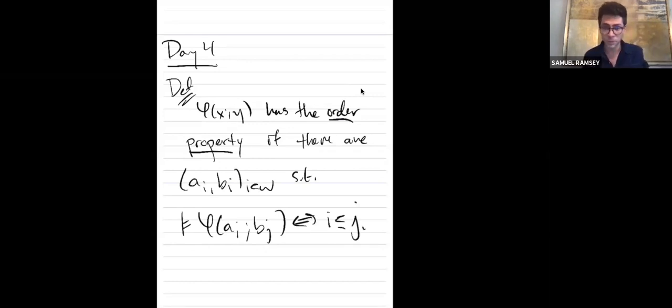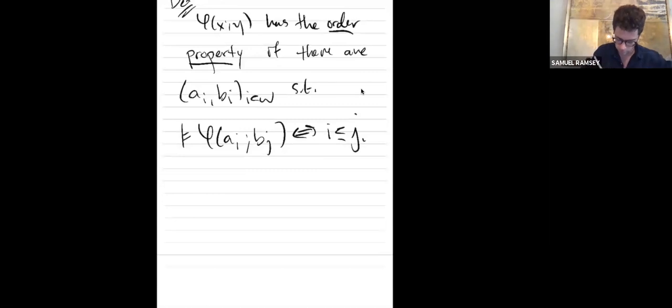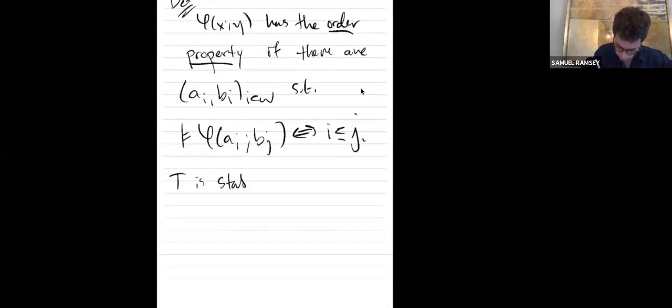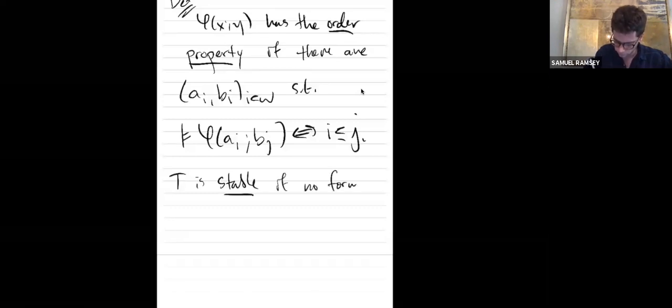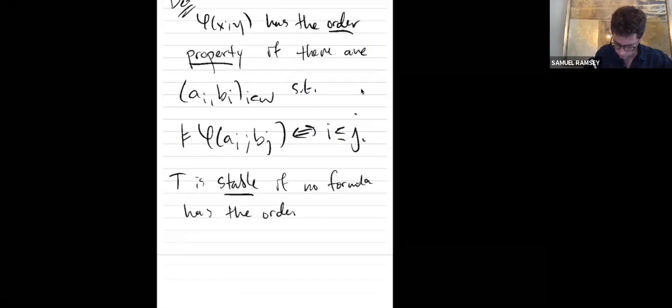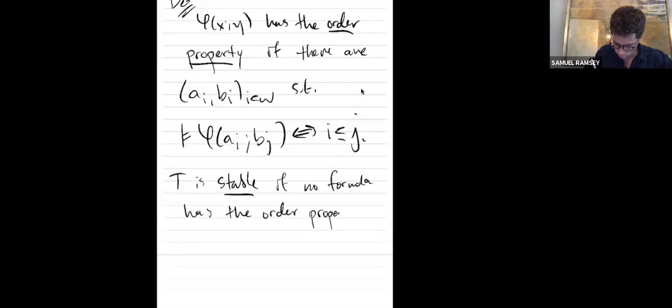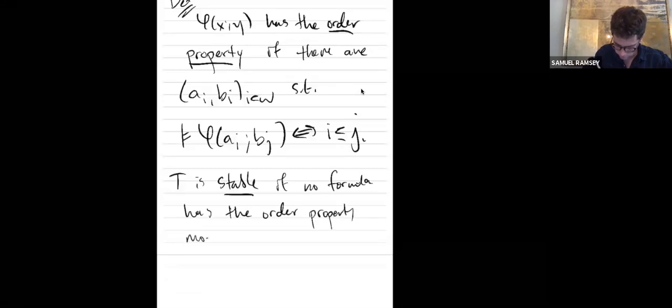So you have some collection of tuples, and the order on their indices is somehow coded by the behavior of this formula. And just a remark: T is stable if no formula has the order property modulo T.